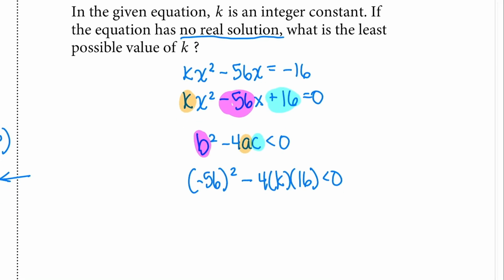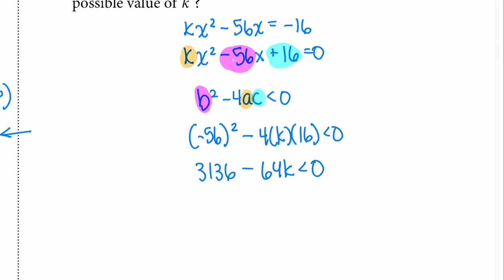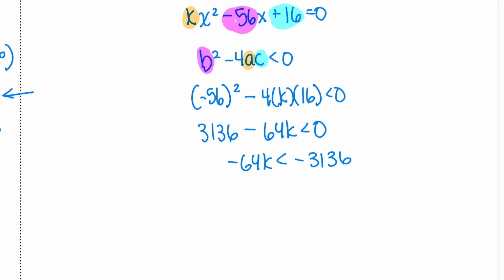Negative 56 squared is 3136. Then we're going to have 16 times 4, and that value has to be less than 0. So if we subtract over our 3136, we're going to get negative 64k is less than negative 3136.